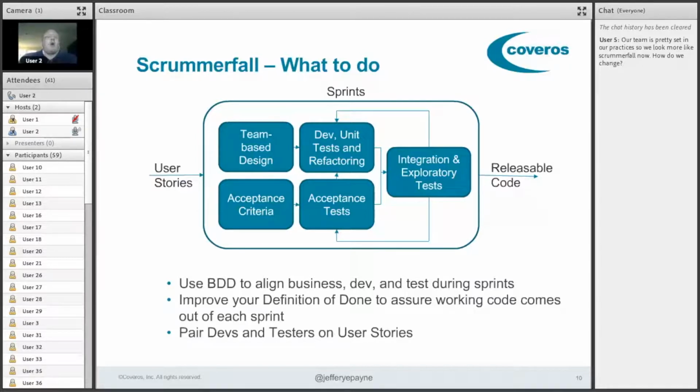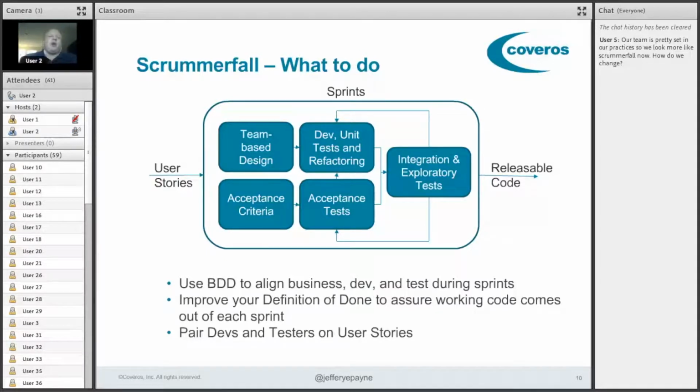The developers go off, they build the code, they run their acceptance tests, they refactor if any of the unit tests or any of the acceptance tests don't work. They work hand in hand with the testers to make sure that we are building the right thing against the acceptance criteria and the user stories that we have.